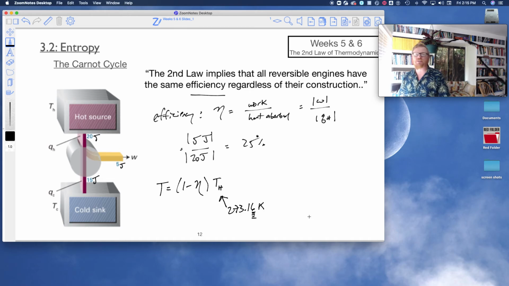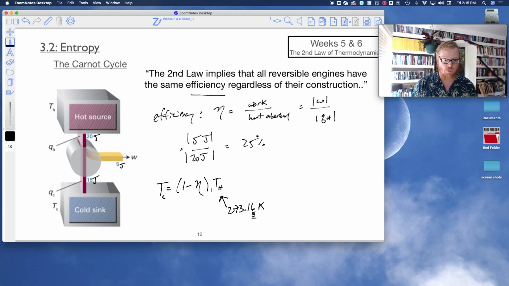I know you want to say 273.15, but he set it to 273.16 Kelvin. And regardless of the construction of the machine, this will give you a universal temperature scale, because now the temperature of this cold object, we know.